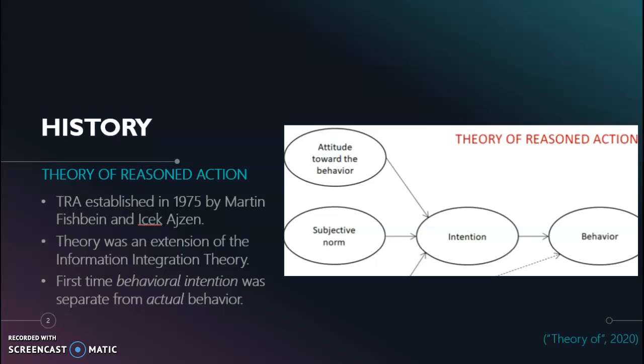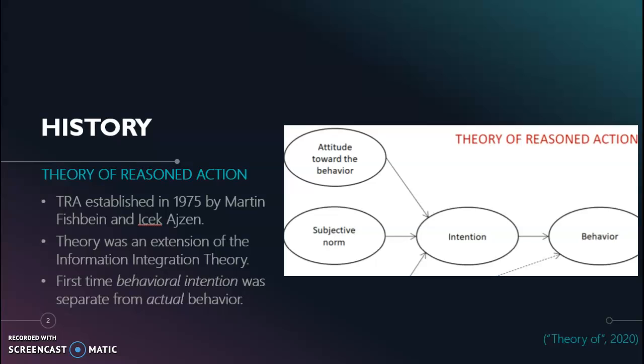In a nutshell, the theory of reasoned action says that when a person's attitude and when a person's subjective norm are aligned, then the person is more likely to develop a behavioral intention to behave a certain way. Behavioral intention is defined as an individual's perceived likelihood of performing a particular behavior. When someone has developed a behavioral intention, their actual behavior is more likely to line up with that intention.